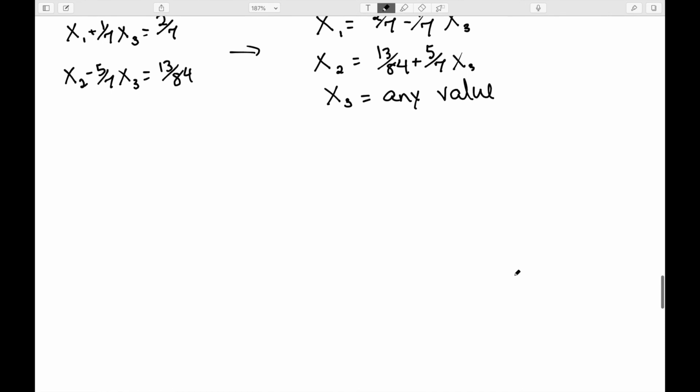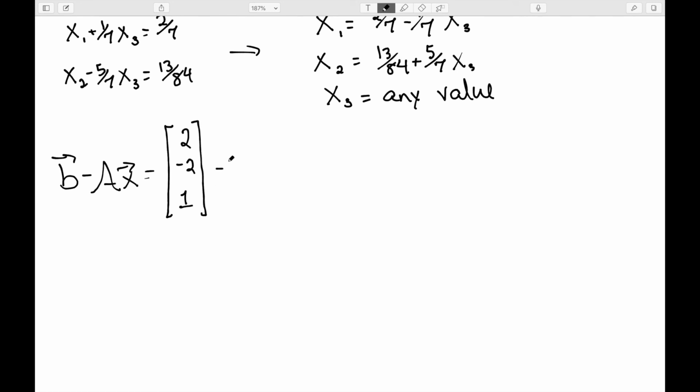So let's try to find our error vector, b minus Ax. b was the vector 2, minus 2, 1. A was 3, 2, minus 1, 1, minus 4, 3, 1, 10, minus 7.